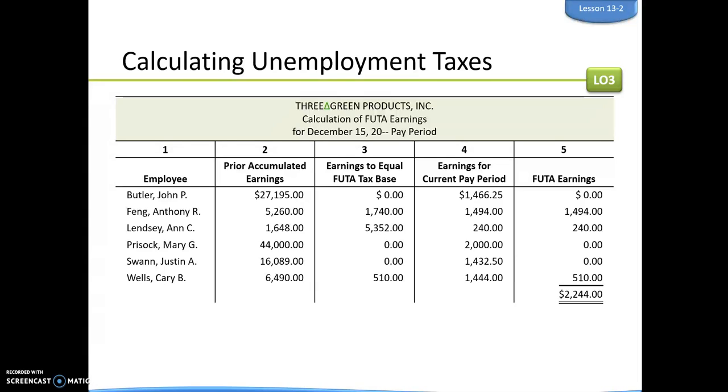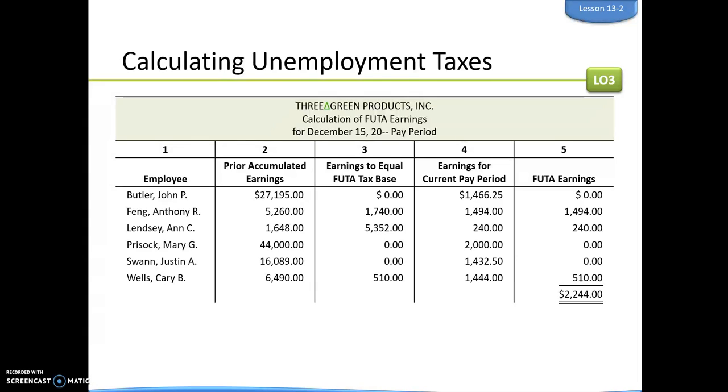The next two employees, their prior accumulated earnings are over $7,000, so zero will go towards the federal unemployment tax base. So they will have zero in the federal unemployment taxable earnings.